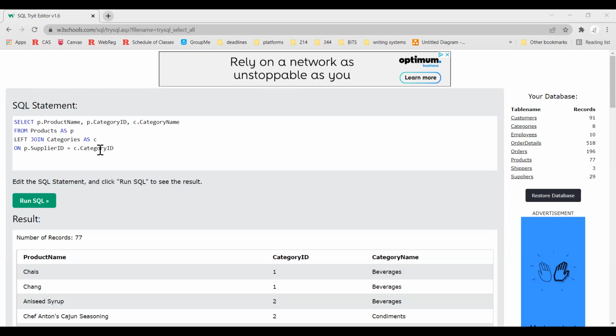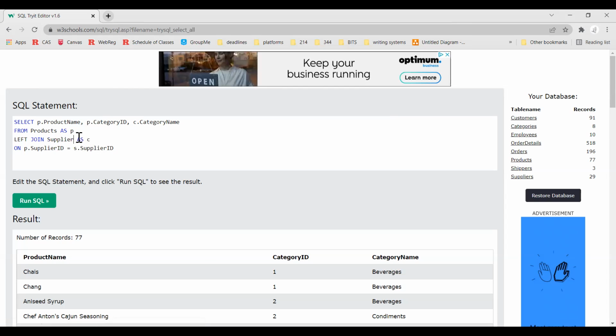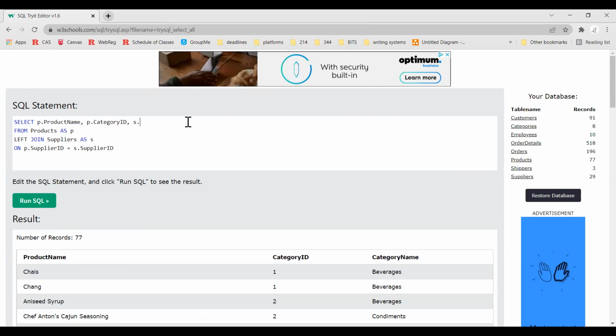I do have it here already. So it's supplier ID. So if we go s.supplier ID and suppliers as s, s.we can guess that they have something called supplier name.